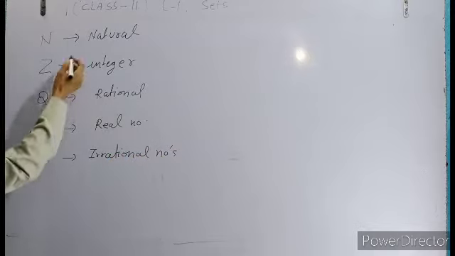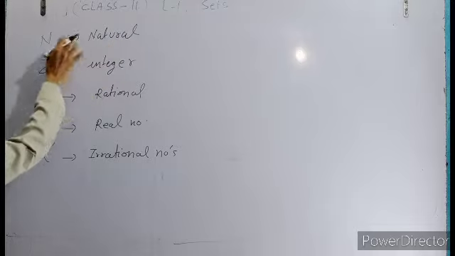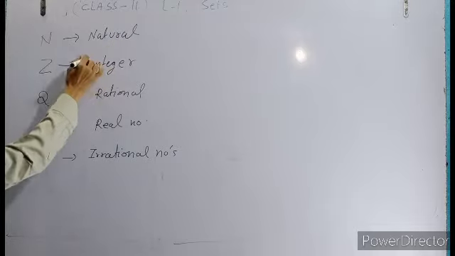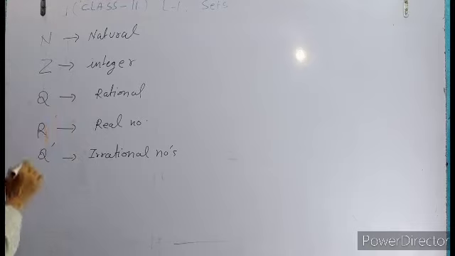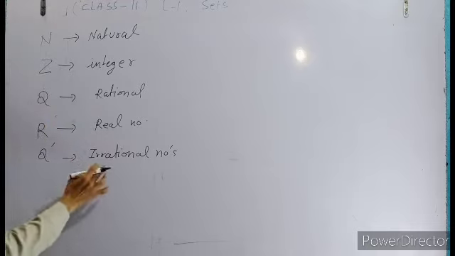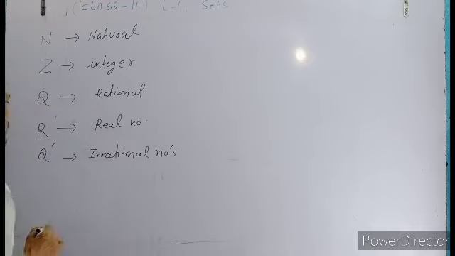So natural numbers are always represented by N, integers by Z, rational numbers by Q, real numbers by R, and irrational numbers by Q dash.